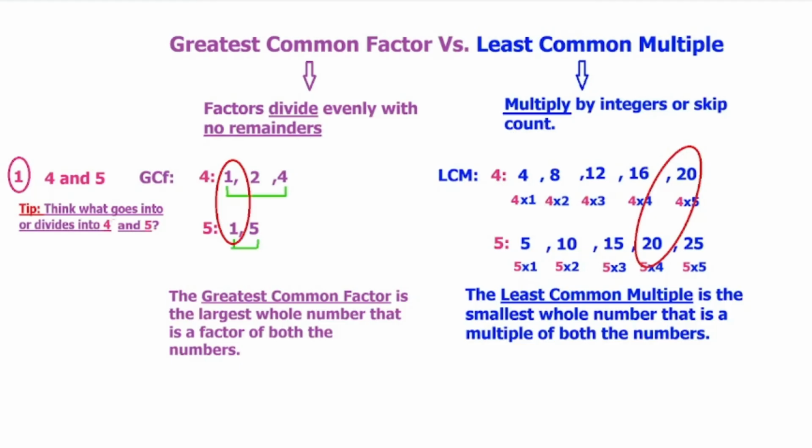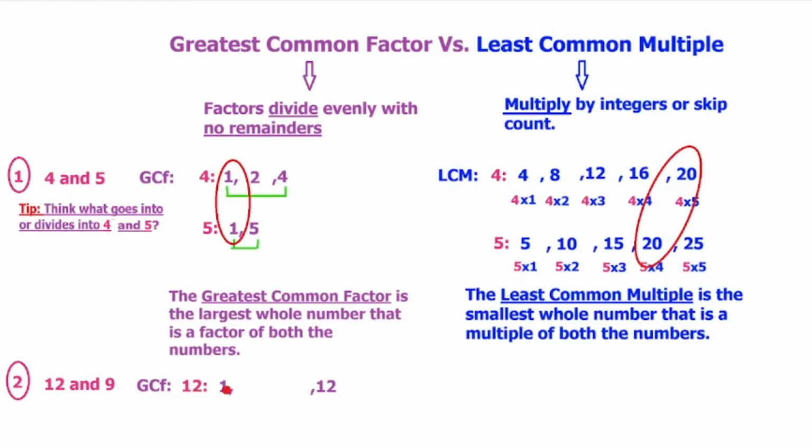And that's it. That's how you, oh, I think there's a little bit more of a lesson here. Oh, yes, I have some more that I want to do. 12 and 9. So let's work on those ones. So the greatest common factor for 12, we start with what goes into 12.